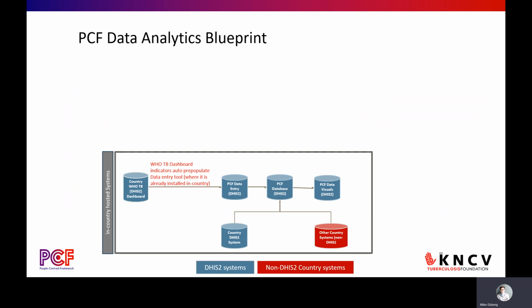There are some places where WHO, and some of you who are on the call right now, have already built a metadata package with a number of indicators. Where it was applicable, we tried to map as many of those indicators to the PCF indicators as well. So if countries are already using that DHIS2 metadata package that WHO has created, there should be some pre-population possible between the WHO metadata package and the PCF metadata package, so that there doesn't need to be duplication of efforts.